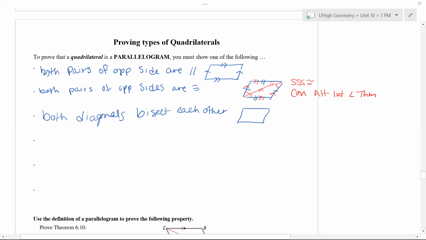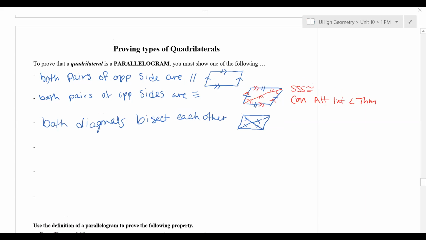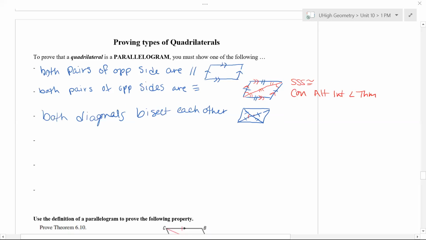I'm going to draw a parallelogram with both diagonals. If I say they're bisected, that means I have congruent parts on each one. In order to prove this, in the middle where my diagonals meet, I have vertical angles.